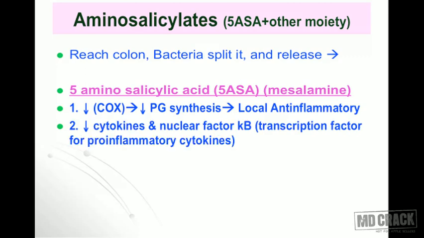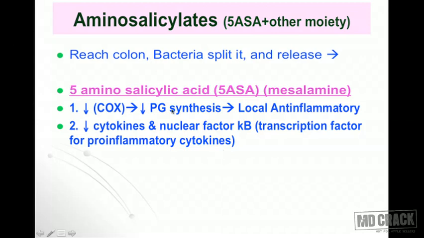The second mechanism is it's able to inhibit the cytokines and is able to inhibit the nuclear factor kB, that's the transcription factor for pro-inflammatory cytokines. So when this factor is decreased, the pro-inflammatory effect of the cytokines is going to be inhibited. So two methods.